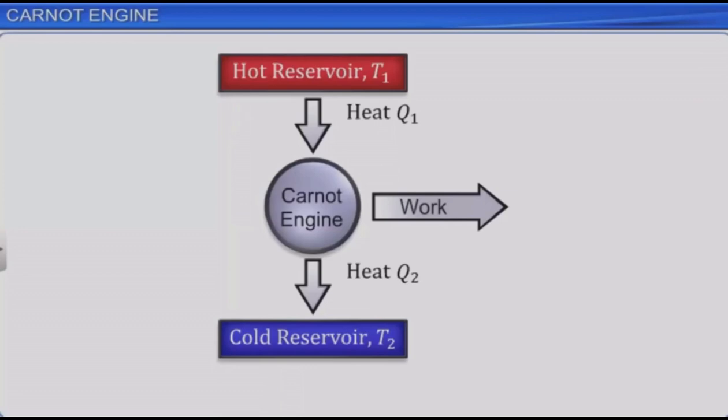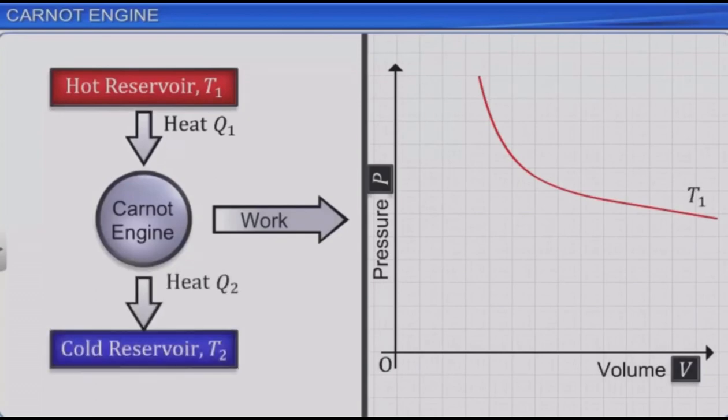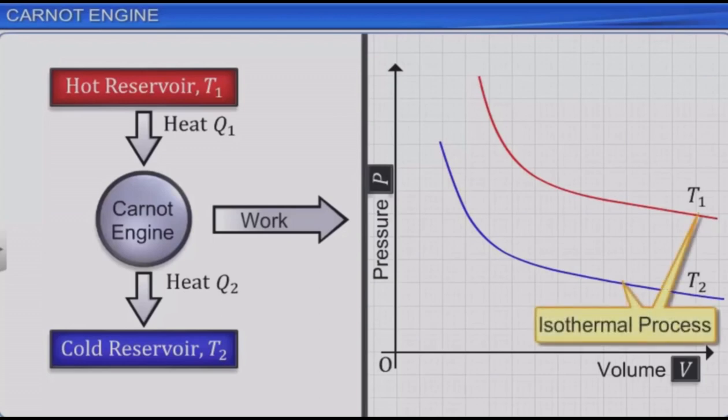There are two processes in which a heat engine exchanges heat with the surroundings. In one process, the heat engine absorbs heat from a hot reservoir at temperature T1. And in the other process, it releases heat to a cooled reservoir at temperature T2. Since the system must be in thermal equilibrium, these two processes need to be isothermal. There must be two more processes.